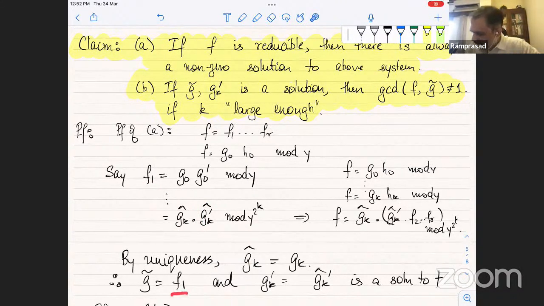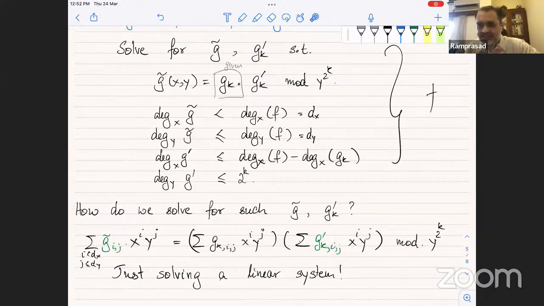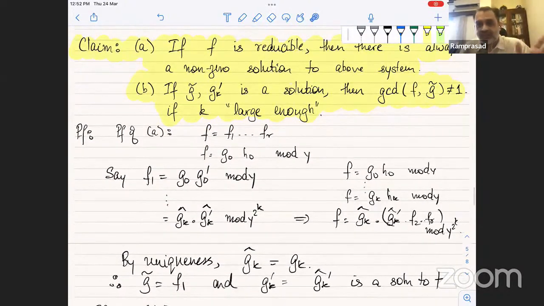So this particular solution is a legitimate solution to dagger. It satisfies all the properties that you want. So this completes part A, which is that if F were reducible, there is definitely some solution to dagger. Okay, so far so good.